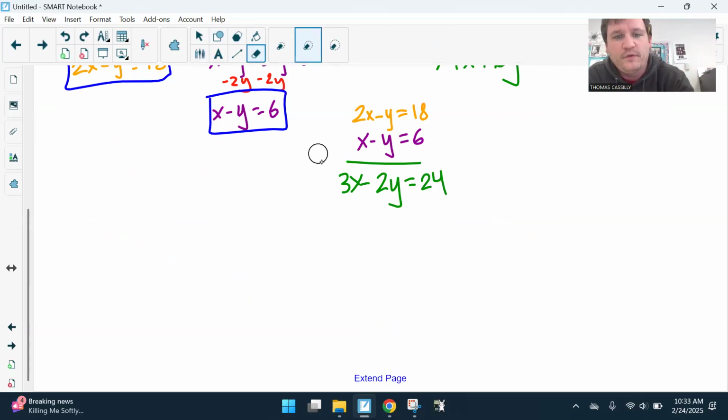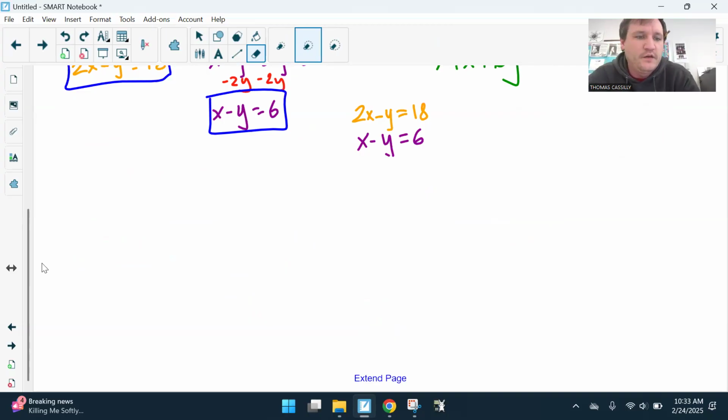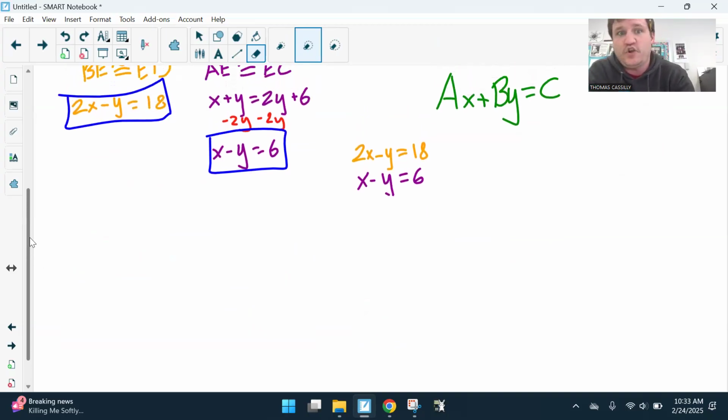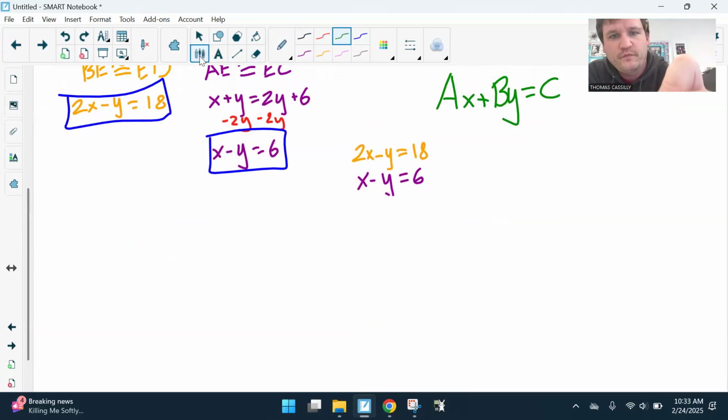The whole purpose for this is to eliminate a letter. So what I'm going to do is I need to change one of these equations. I'm going to take this bottom one and multiply it by -1. So when I do that, I have negative x plus y equals -6. The top one I didn't change at all, so I'm just going to drag it over.